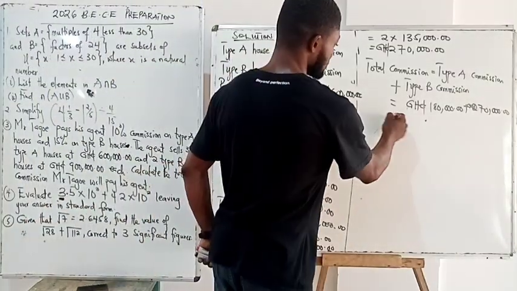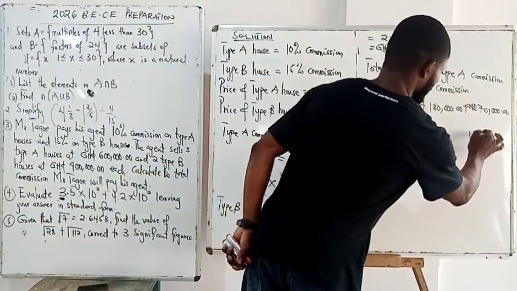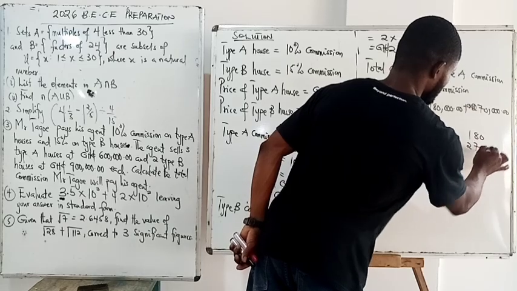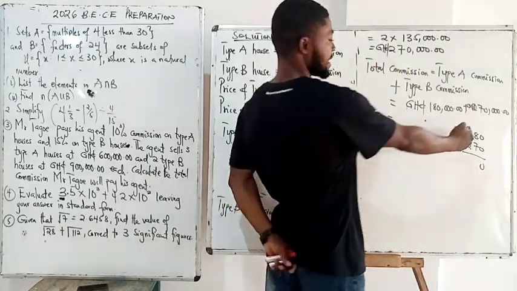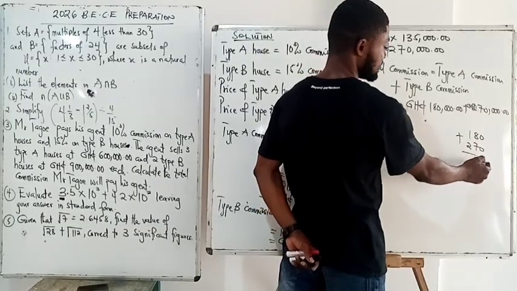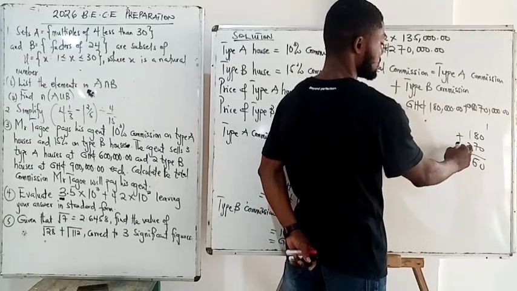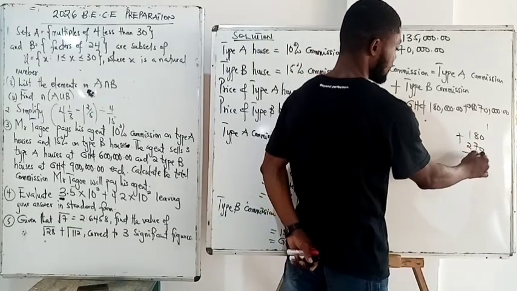Then when I sum these two, 0 plus 0, 0, 8 plus 7, 15, 1 here, 2 plus 1, 3 plus 8, 4.